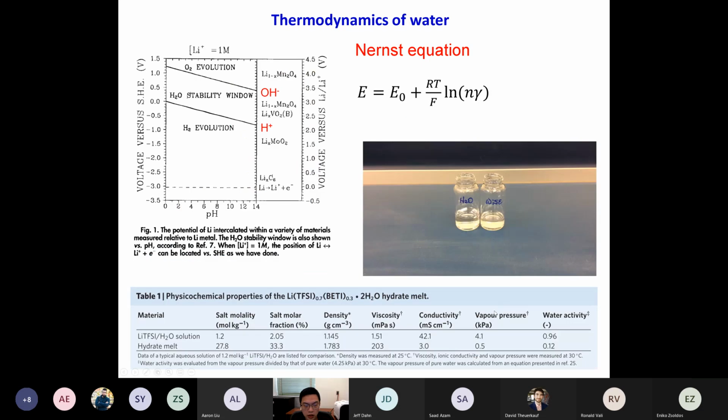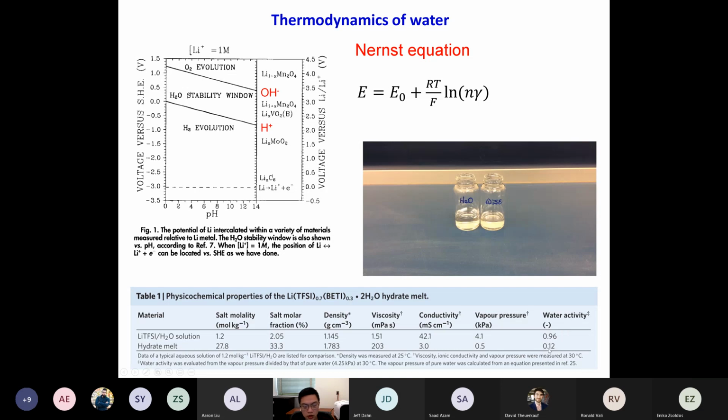Another piece of evidence is when you measure the vapor pressure of this dilute lithium salt water solution, and this 28 molar water-in-salt. After you calculate the water activity based on that, you will see that the dilute system is almost one, the same as pure water, right?